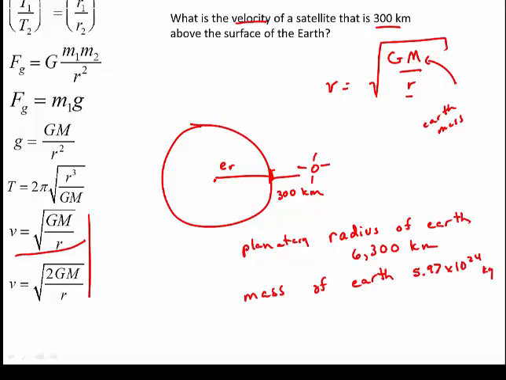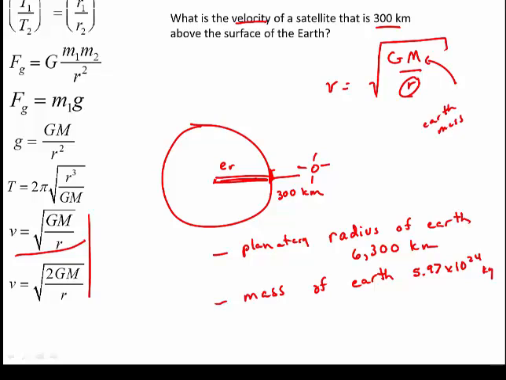Okay, I looked up that information. The planetary radius of the Earth is 6,300 kilometers, and the mass of the Earth is 5.97 times 10 to the 24th kilograms. You should write this down because you're going to need that information too. Once we have that, realize the planetary radius is this right here. That is not this r.